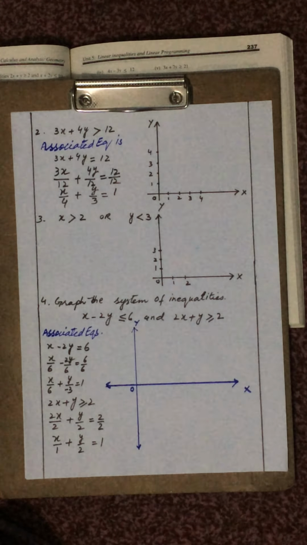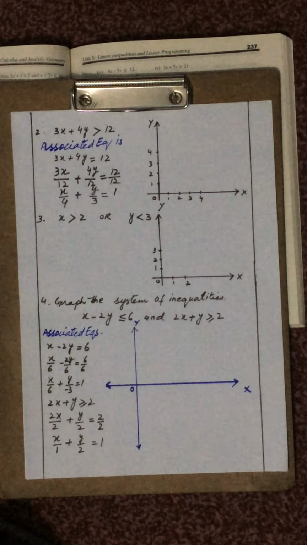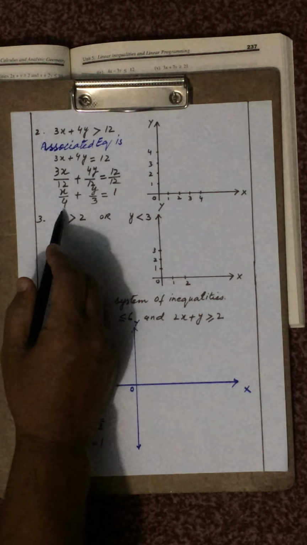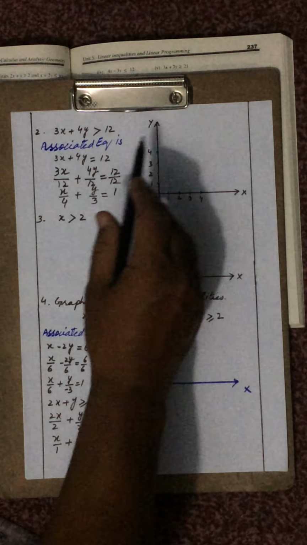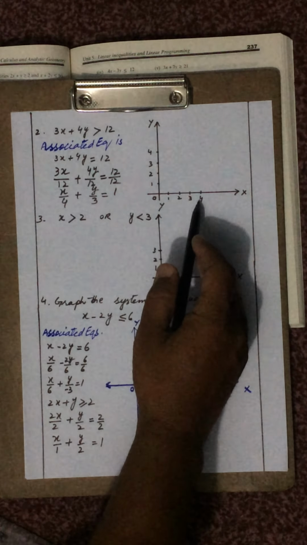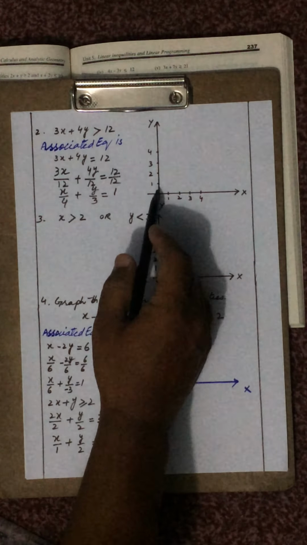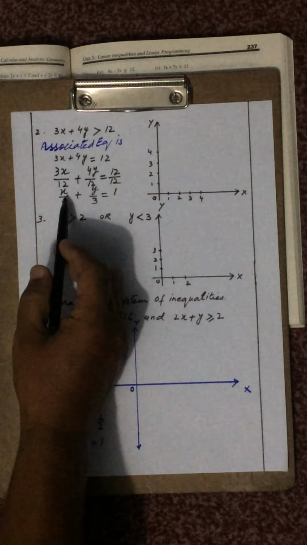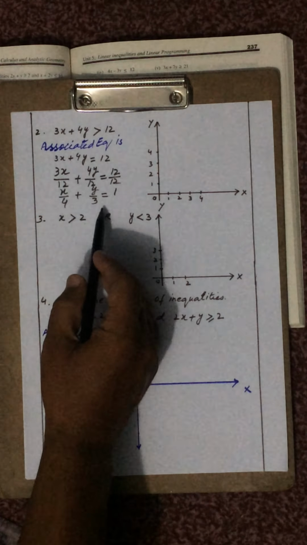Now it is very easy to draw the graph of this equation. The x-intercept is 4. I have drawn the plane from 1 to 4 on the x-axis and 1 to 4 on the y-axis, because we require the value of x as 4 and the value of y as 3.